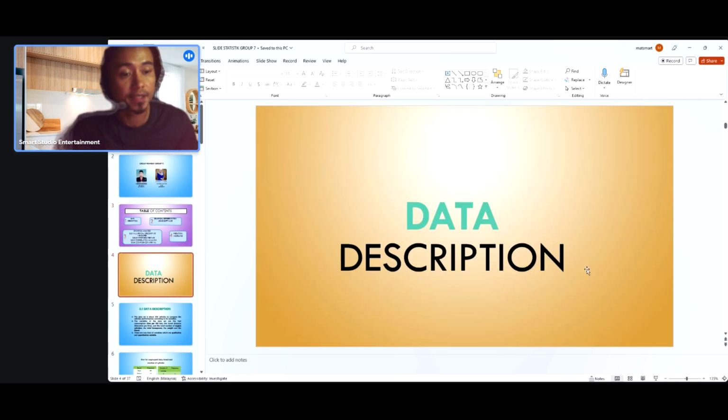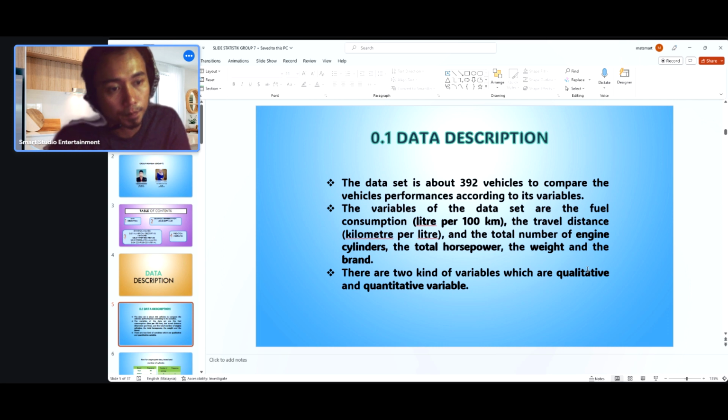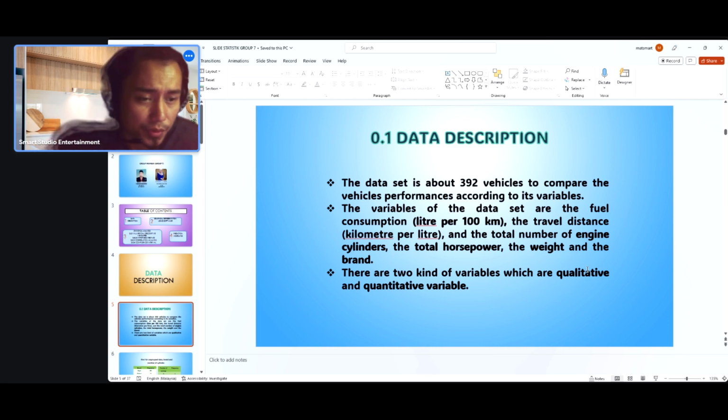Okay, number one is data descriptions. What is the data description? The data set is about 392 vehicles, to compare vehicle performance according to its variables.